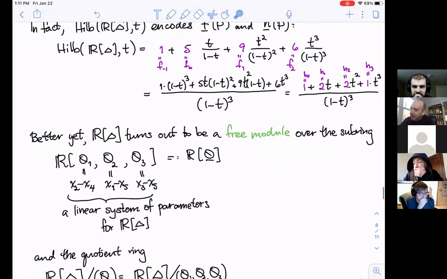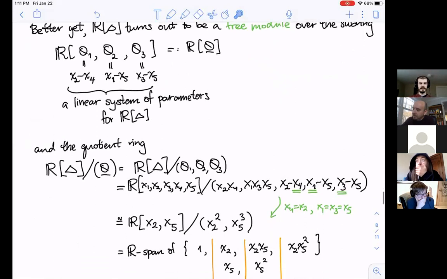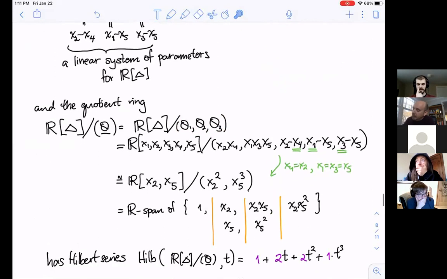Okay. And now when I have the Stanley-Reisner ring as a free module over this subalgebra generated by the thetas, if I quotient by the ideal that the thetas generate, then this quotient ring is going to have a basis that interprets the h vector. Because it's a free module, we'll see why later. I haven't shown you this. There's some combinatorial commutative algebra.